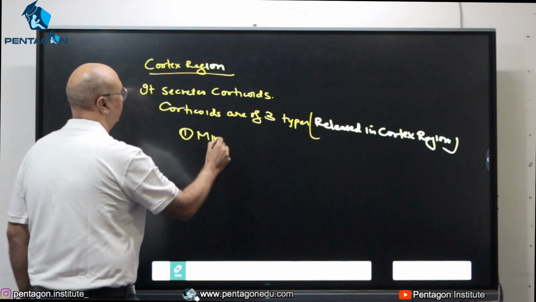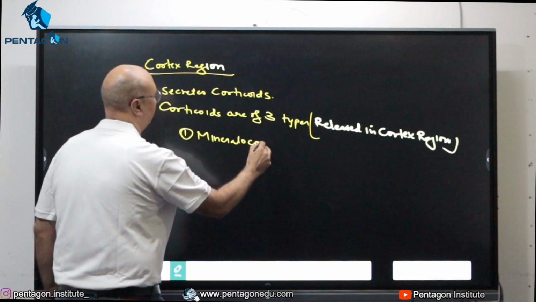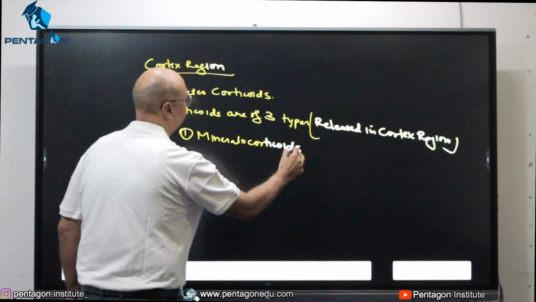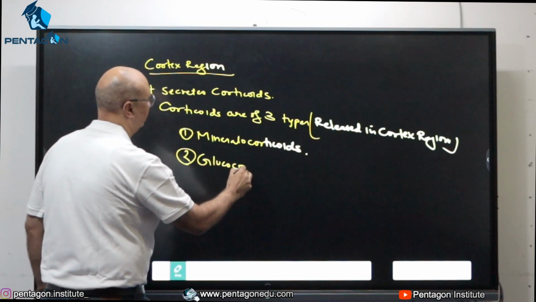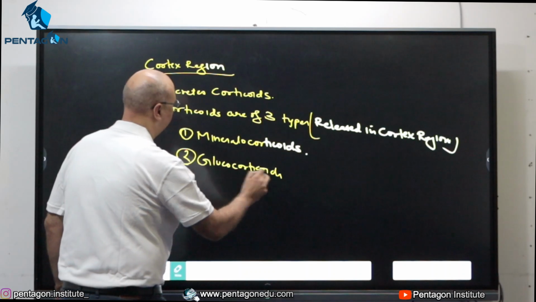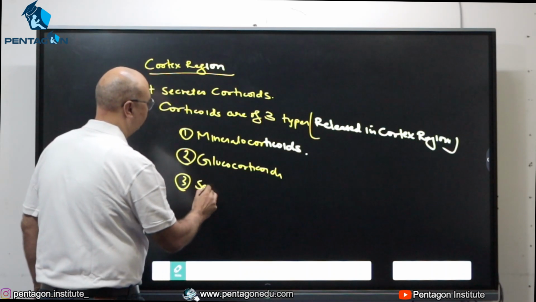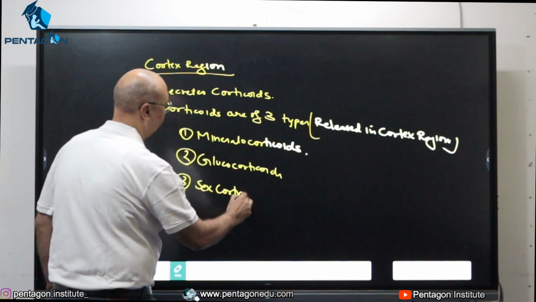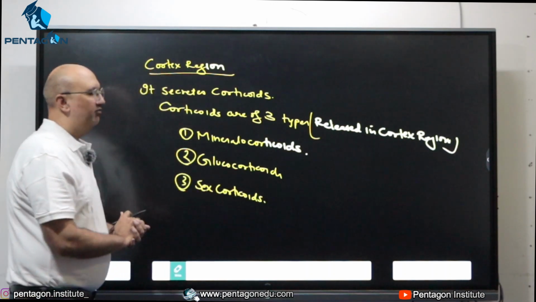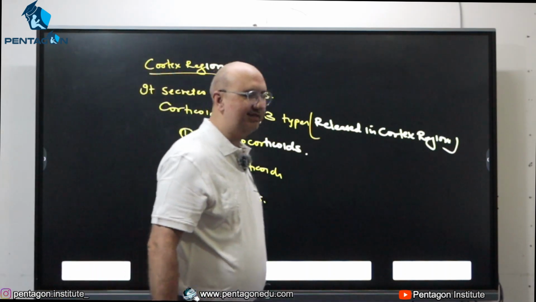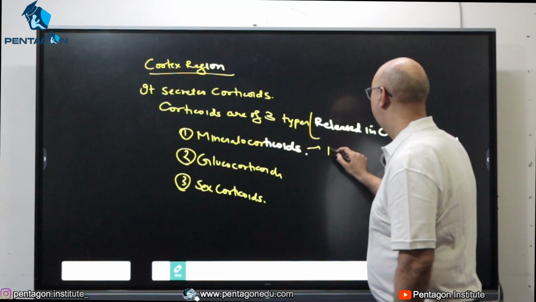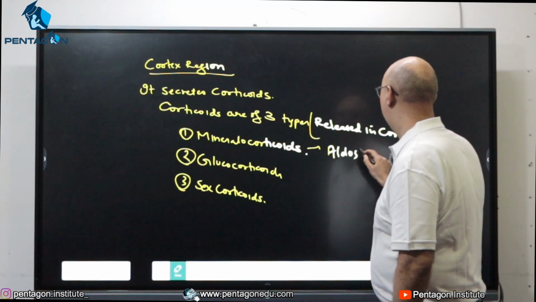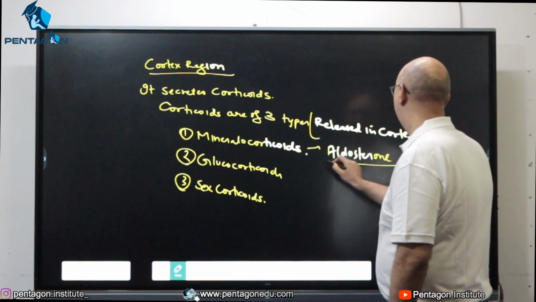First are mineralocorticoids, second are glucocorticoids, and the third are sex corticoids. Mineralocorticoid is aldosterone.